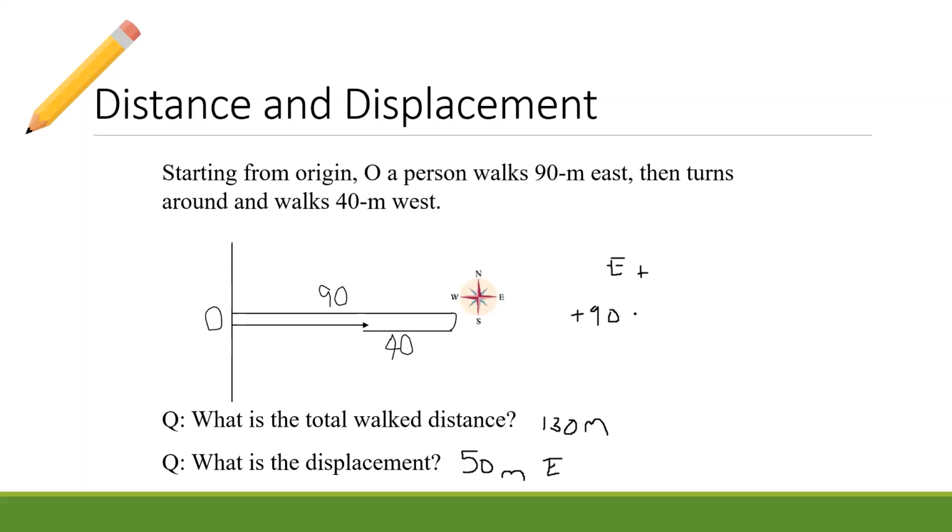So that's plus negative 40. And if you add negative 40 to 90, you get positive 50, which means it's 50 meters east. Perfect. Now, that positive means that it's going east. So that's how I know.